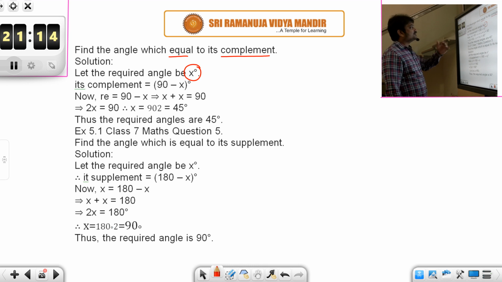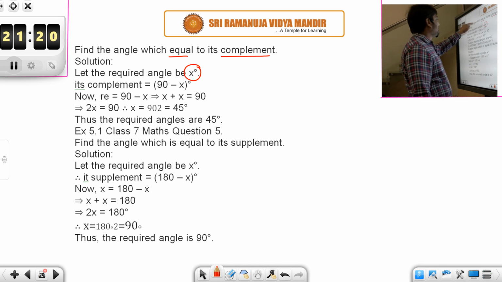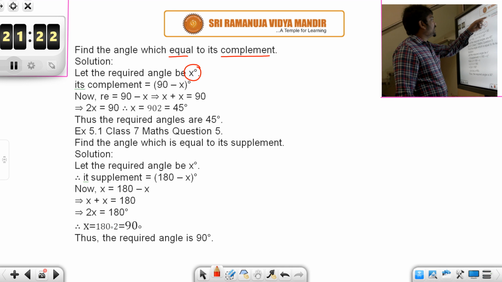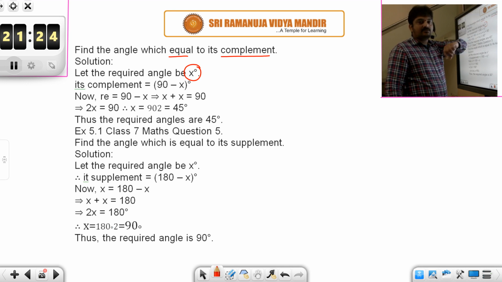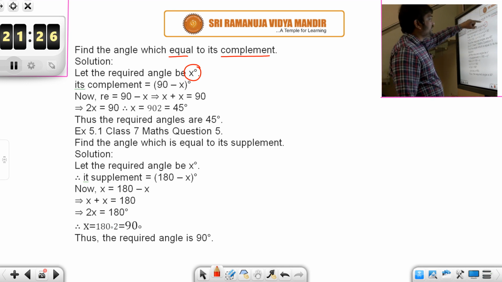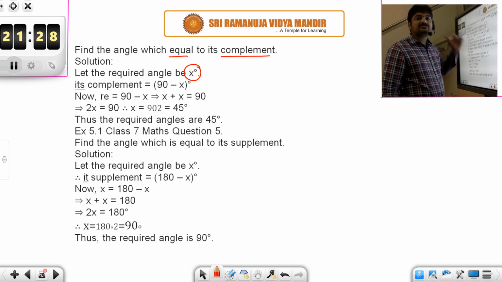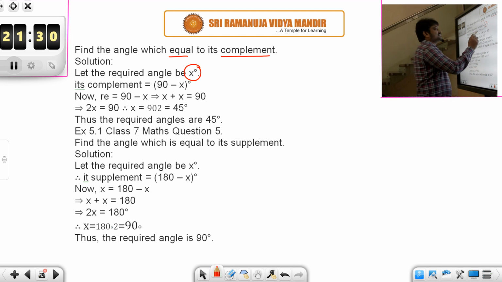You need to find the angle, so we have assumed that angle as x. And then the question says that this angle is equal to its complement. If the angle is x, what will be its complement? Its complement is given by 90 minus x, isn't it? Complement means difference from 90. So we know that the complement is 90 minus x. But in the question, what is given?